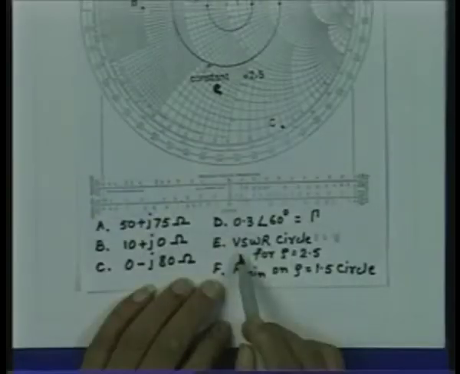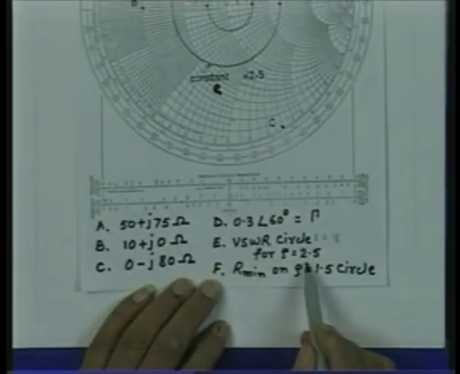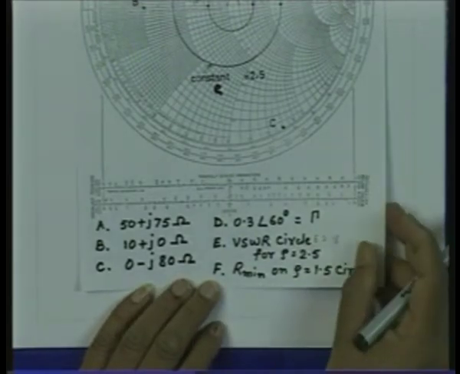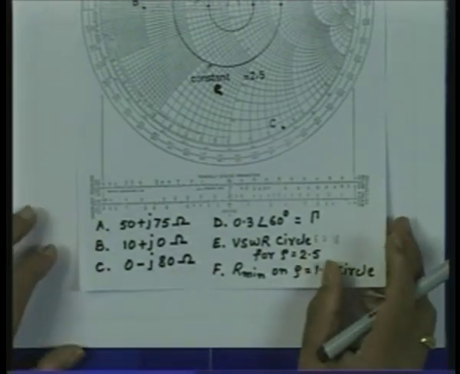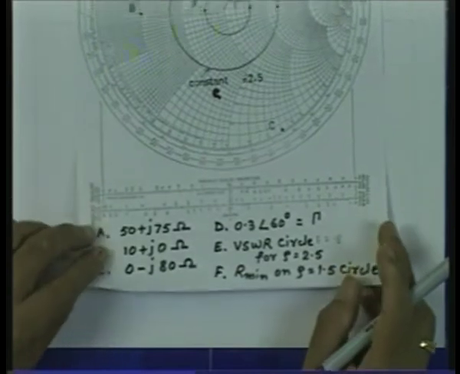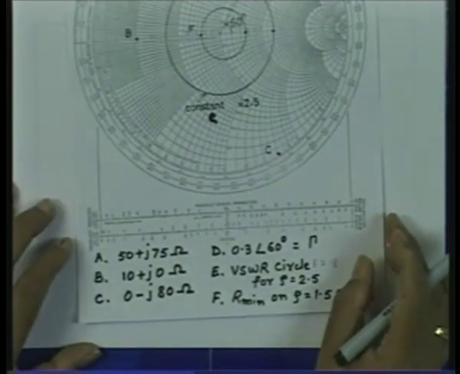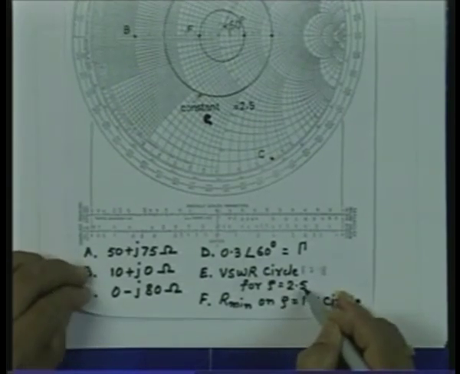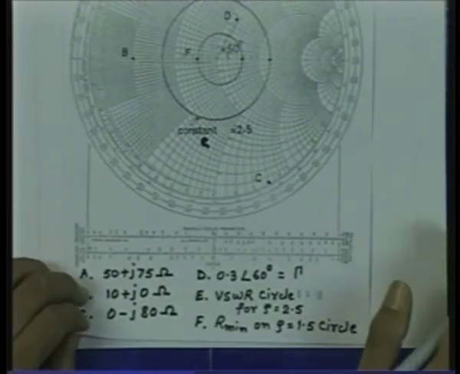Another thing which you would like to do is draw a VSWR circle for rho equal to 2.5. How do we draw this circle? We know the rho corresponds to the maximum normalized resistance seen on the transmission line. So, this constant VSWR circle for rho equal to 2.5 must pass through a point which is normalized resistance 2.5 and reactance 0.